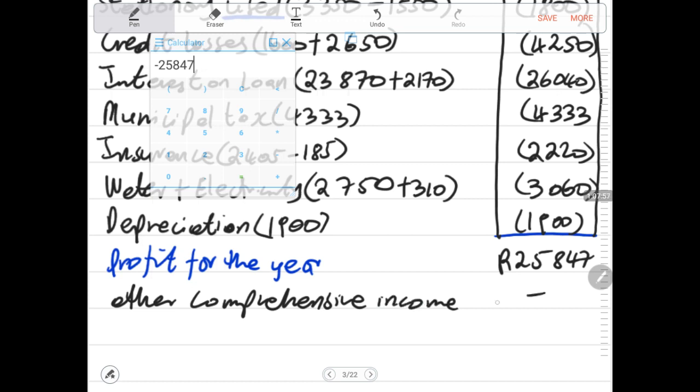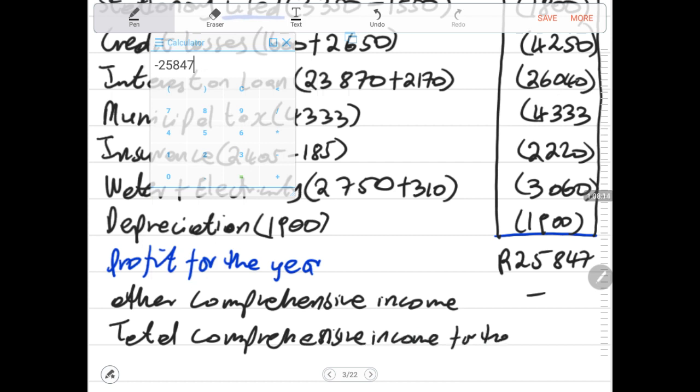This is revaluation. We don't have revaluation. Then after we have total comprehensive income for the year, which is the same, 25,847.